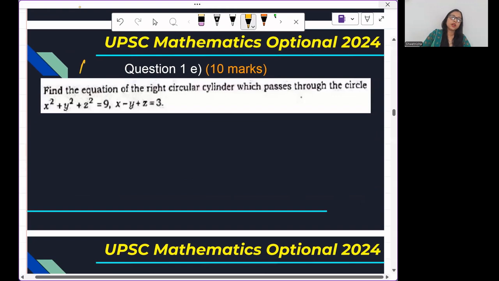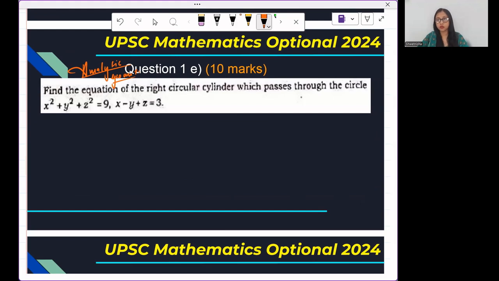Next, one E part from analytic geometry. Very, very easy question. We have done this question in the class also. We have done all these kind of questions in class, and all questions from analytic geometry were from the book that we follow.